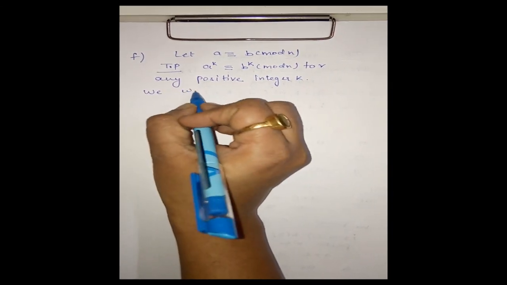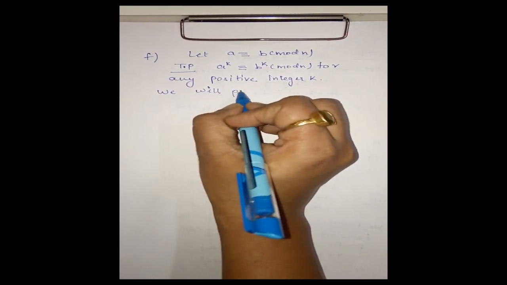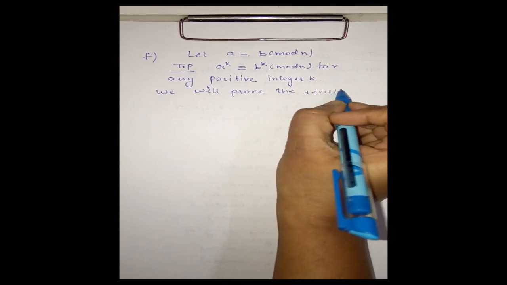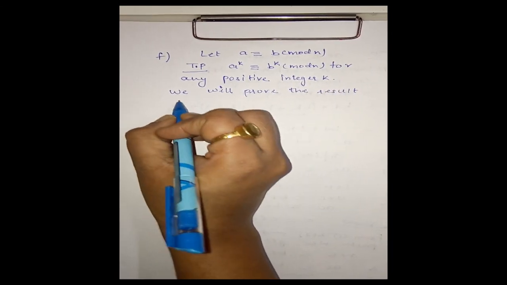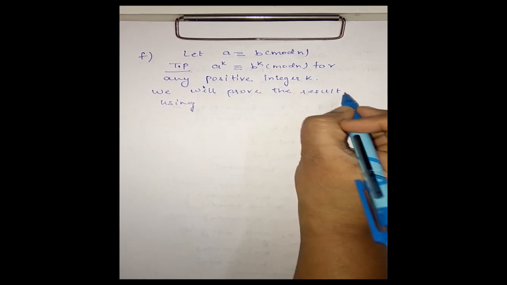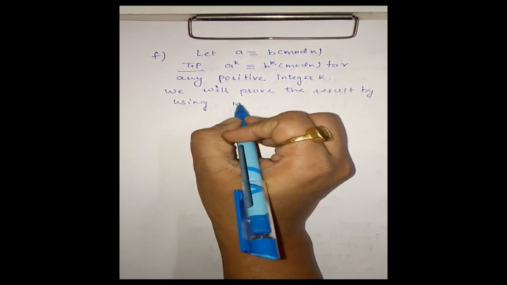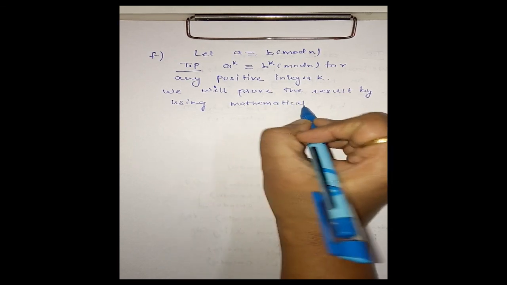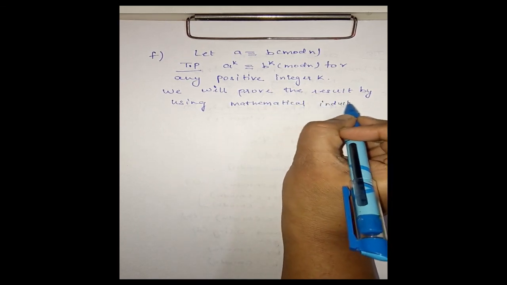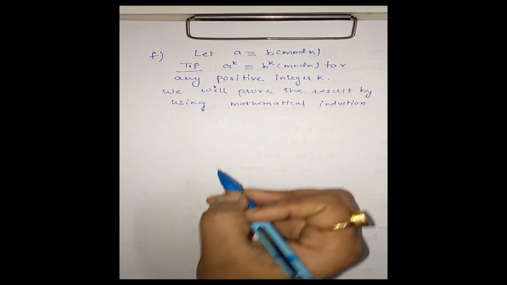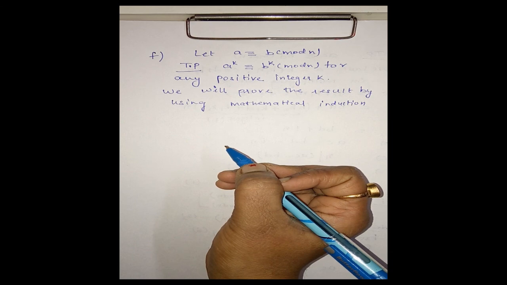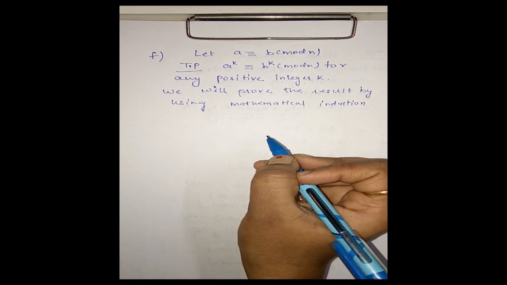Clear? It means we have to check for K equal to 1, then assume for P and prove for P plus 1. This is the mathematical induction principle.